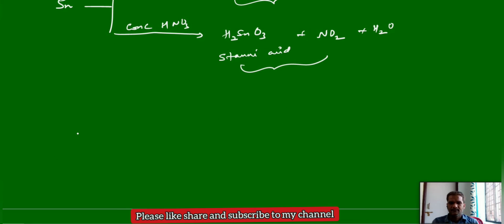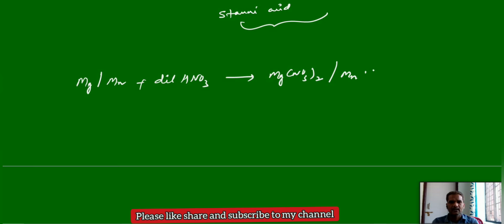Similarly with magnesium or manganese, if you take any one, these can react with dilute nitric acid and give the metal nitrates, so either magnesium nitrate or manganese nitrate.